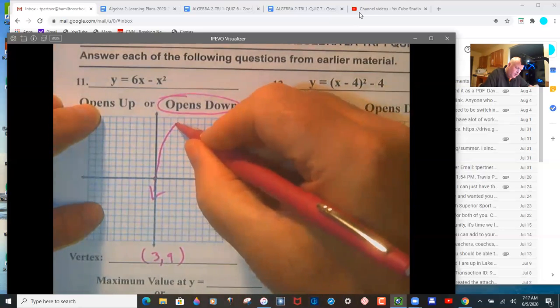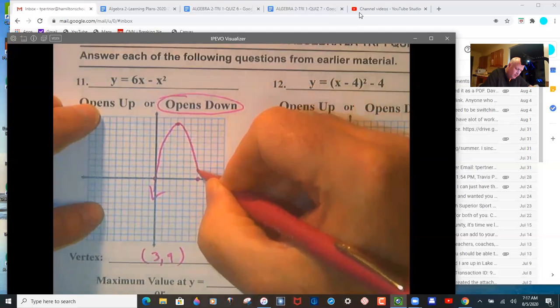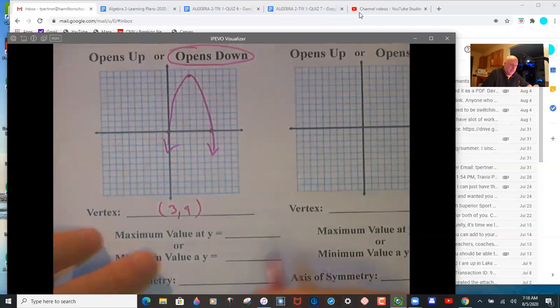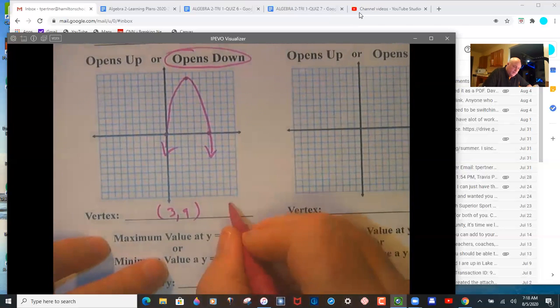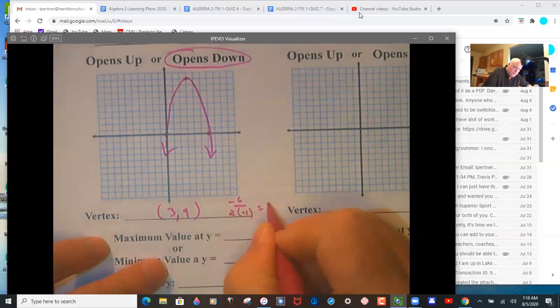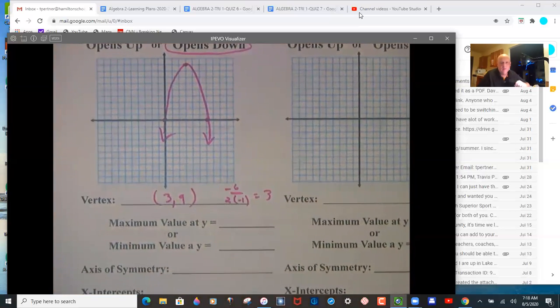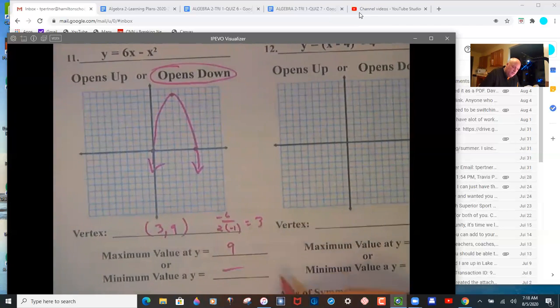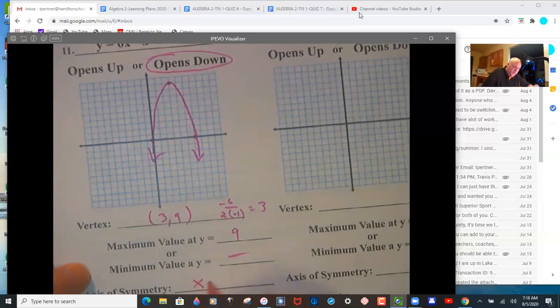I'm going to make them to where you can use your table for most of this. If you didn't know how to, you'd do -b over 2a. That's what you would do. And then to get 9, you just go to your table. So maximum at y equals 9, x equals 3.